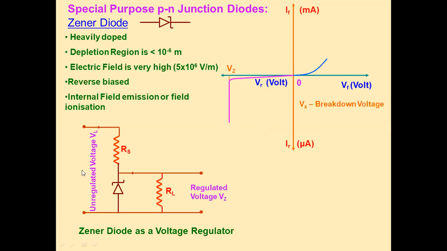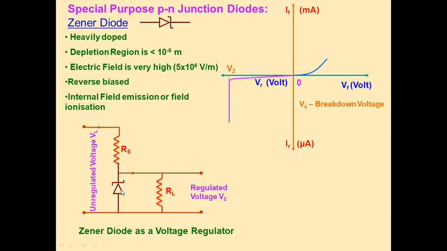Suppose V in is the input voltage. Then V in is equal to the voltage across the series resistance, Vs, plus the voltage across the Zener diode, Vz. According to Kirchhoff's law, V in is equal to Vs plus Vz. Suppose the total current is I, then across the junction this current gets divided through the Zener diode and through the load resistance.